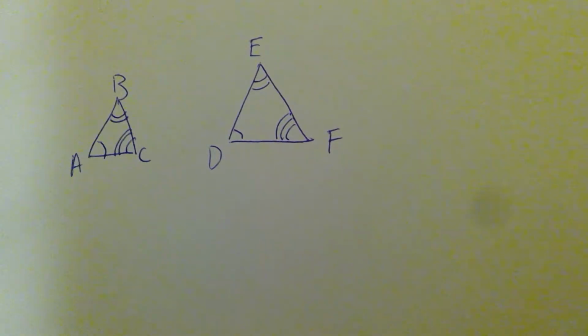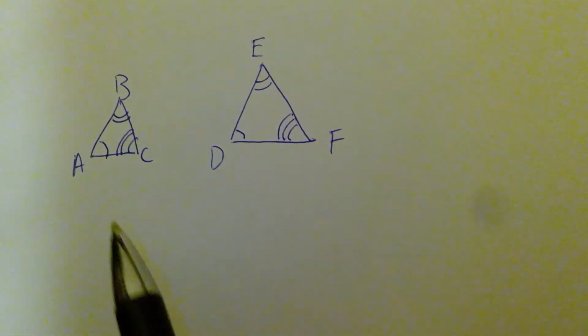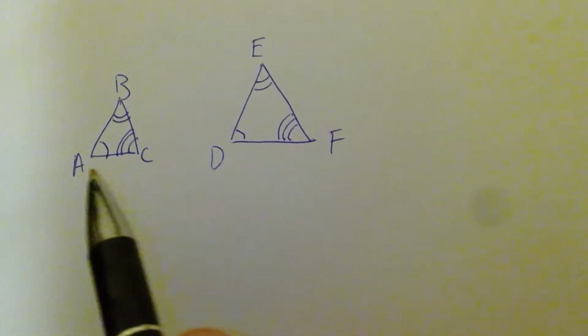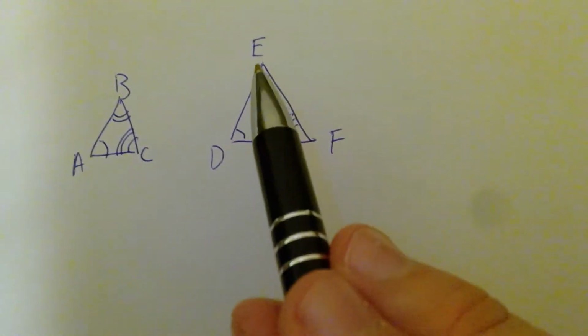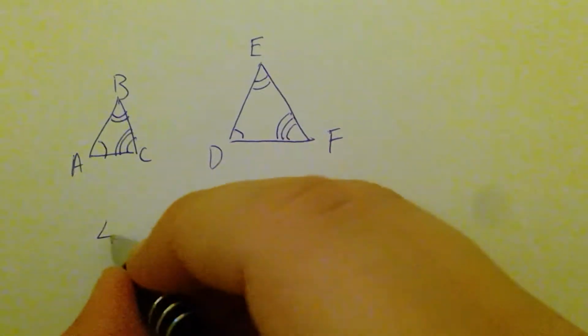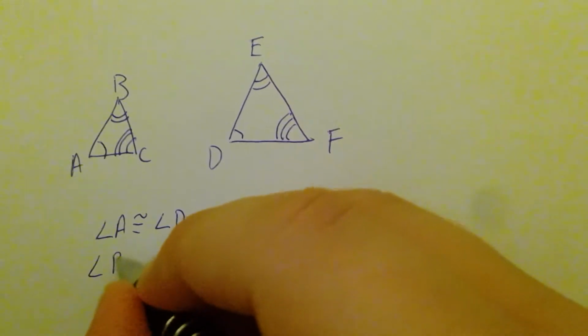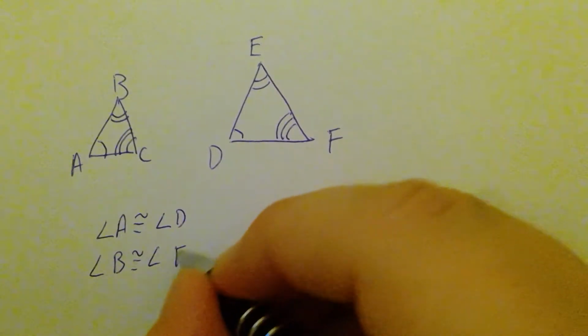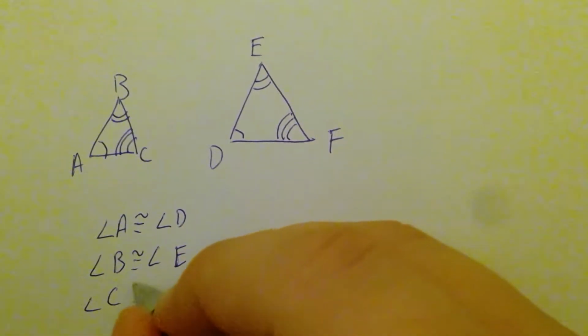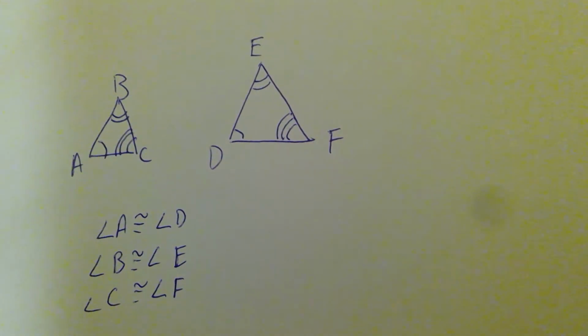It has the same angle markings. So what we know right now is that these two triangles could be similar because we have A, B, and C have these angles that are congruent to angles D, E, and F. Okay, so if I were to go through here, I could make the statement of angle A is congruent to angle D, angle B is congruent to angle E, angle C is congruent to angle F. Okay, so that tells me that I have similar triangles.